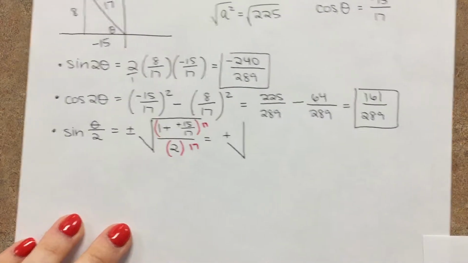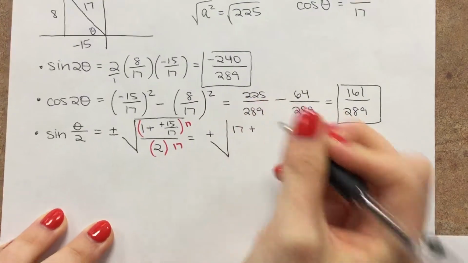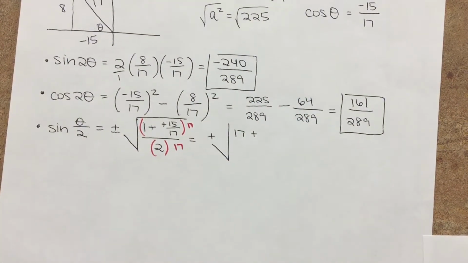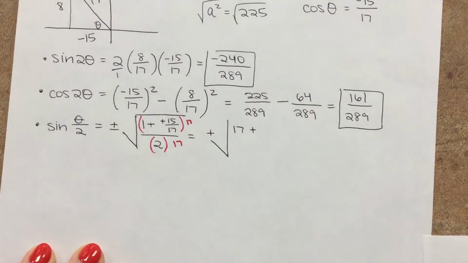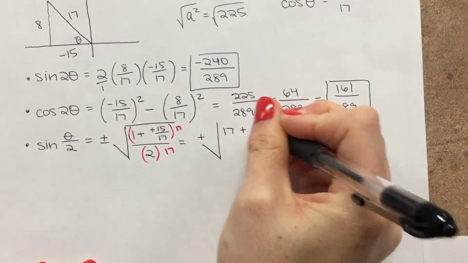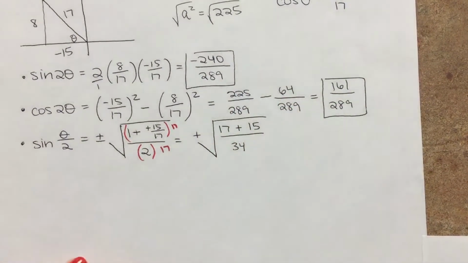Okay, so make sure you multiply everything by 17. So 1 times 17 is 17 plus, and then this is the part that people mess up, 15/17 times 17 is just 15, because these 17s would end up canceling each other out. So then all you'd have is the 15. And then in the denominator, 2 times 17 is 34.